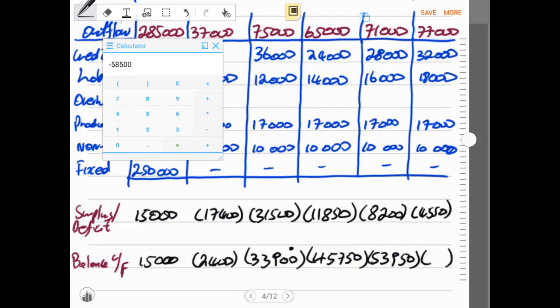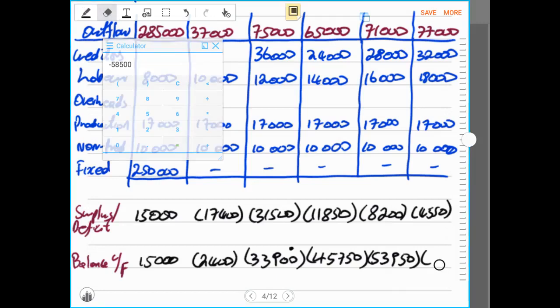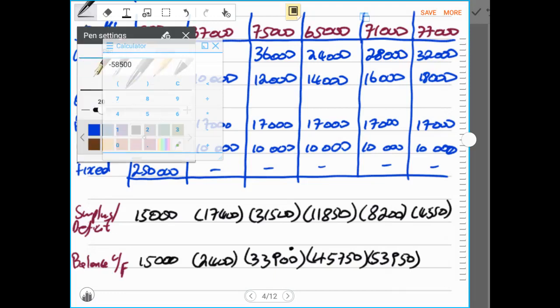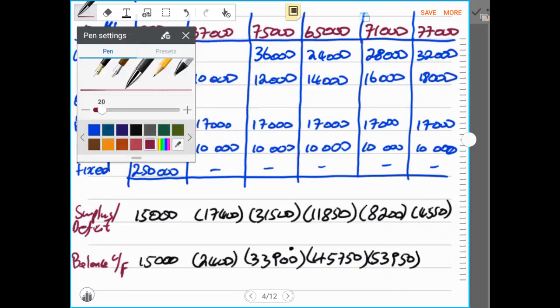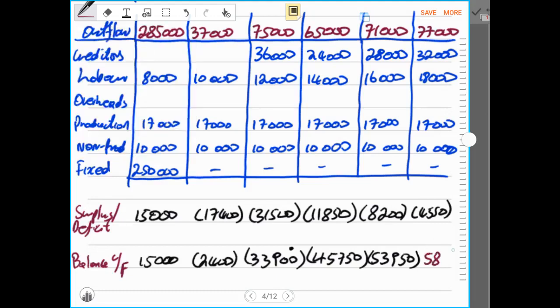This will give us 58,500. So now this will be the balance that will appear in the bank account by the end. 58,500 is the balance carried forward.